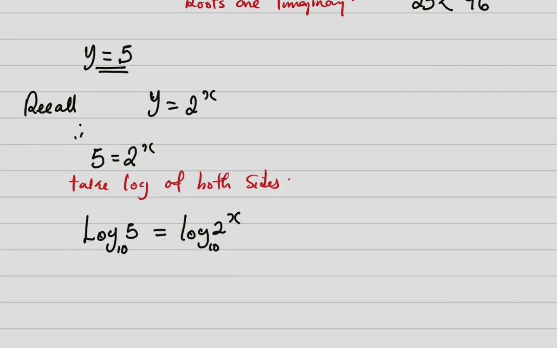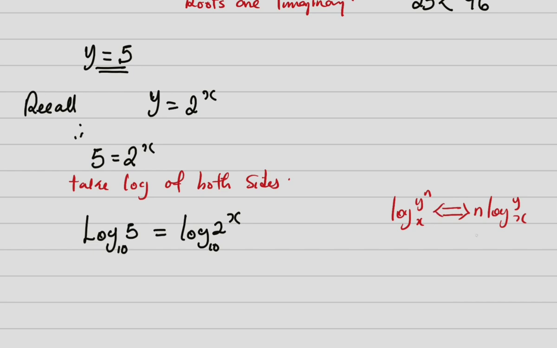Now, there is something that I need you to remember. Under laws of logarithms, recall that if I have log of y raised to power n with base x, then it is equal to n log y base x. Now, this goes vice versa.